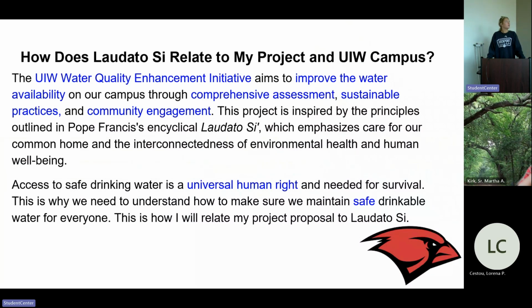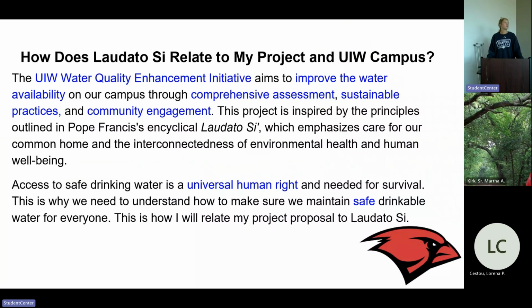The UIW Water Quality Enhancement Initiative aims to improve the water availability on campus through comprehensive assessment, sustainable practices, and community engagement. This project is inspired by the principles outlined in Pope Francis's encyclical Laudato Si, which emphasizes care for our common home and the interconnectedness of environmental health and human well-being.